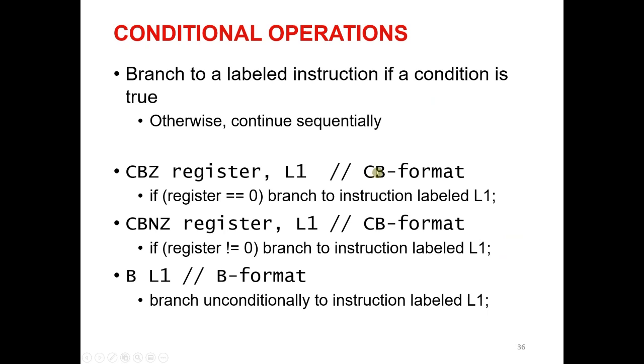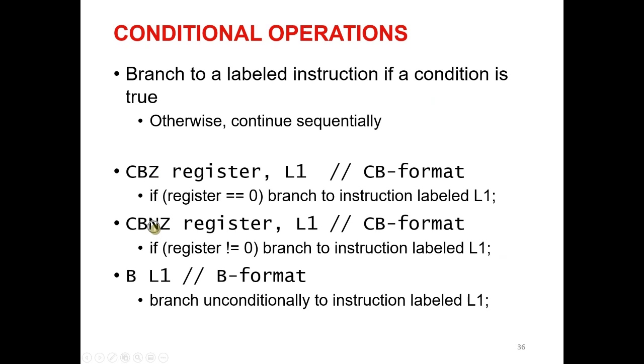This is a new format, the CB format. And what we have here is a register and a label. This means that if the value of the register we place in this position is 0, we will go to a place which is labeled with label L1. Okay, compare and branch if zero.